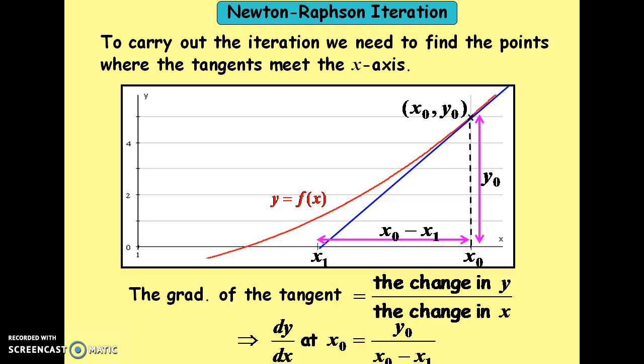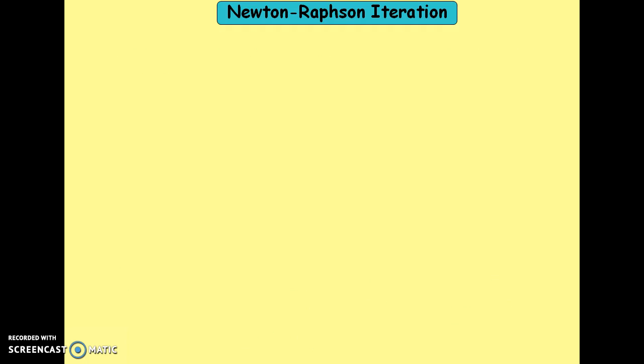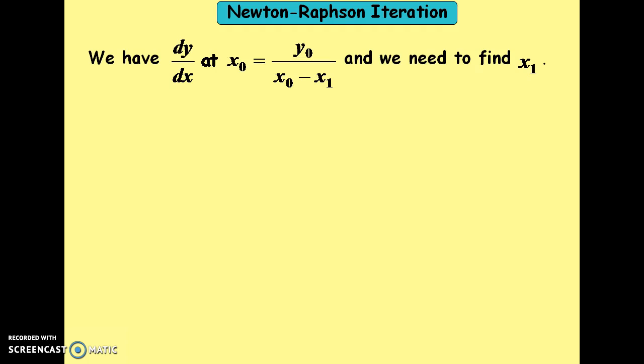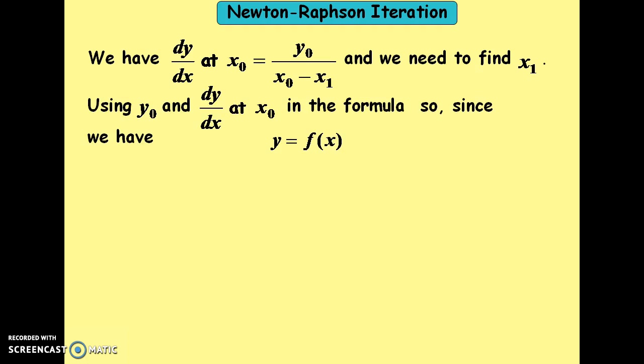So dy/dx at x naught is y naught divided by x naught minus x1, and we need to find another approximated point, the root x1, where the tangent cuts the x-axis.